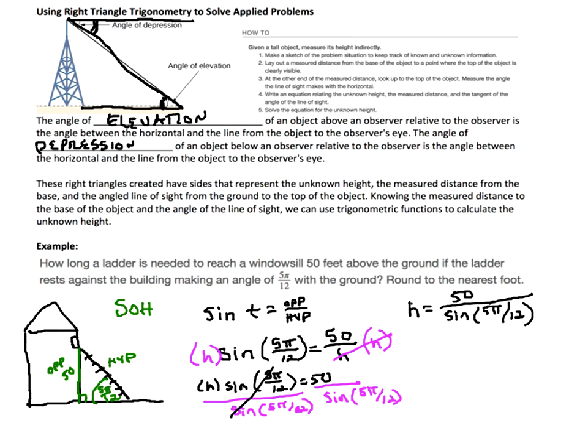Now, this is where you have to put it into your calculator. You have a sine key on your calculator. However, notice, this angle has been given to you in radians. So you have to make sure that your calculator is in radian mode to get a correct calculation.